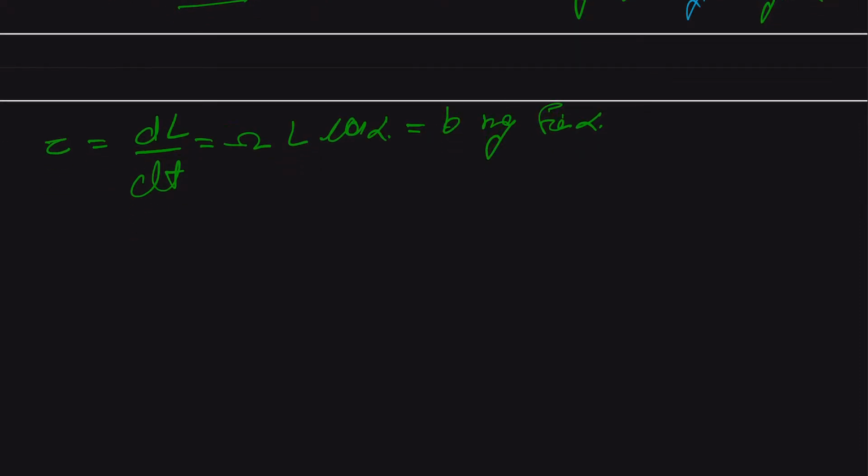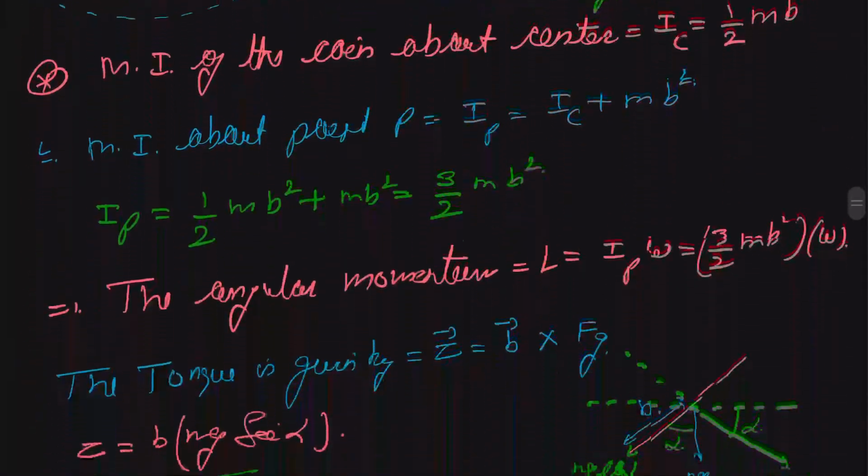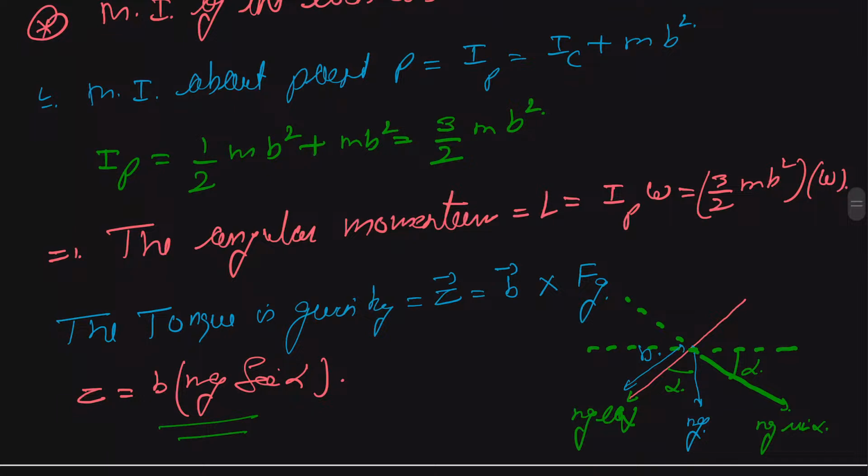Okay, because this will give us, we can write this as tangent of alpha will be equal to omega L divided by b times mg, and we can substitute the value of L, which is 3 by 2 m b square omega.